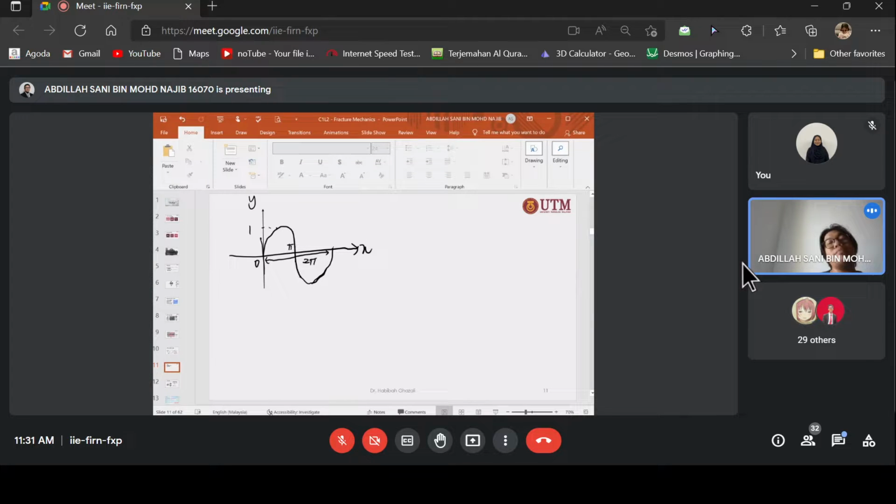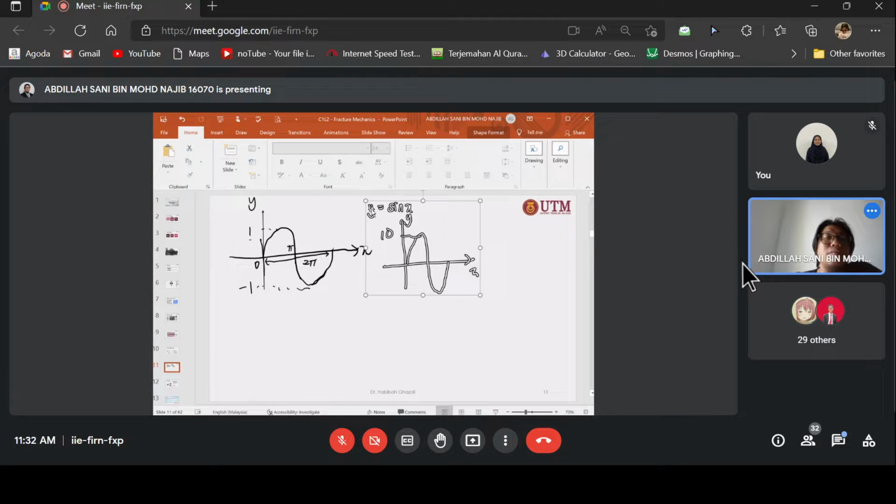So we are going to convert this into something. For example, you have x and y. Instead of 1, we have, let's say, a magnitude of 10.